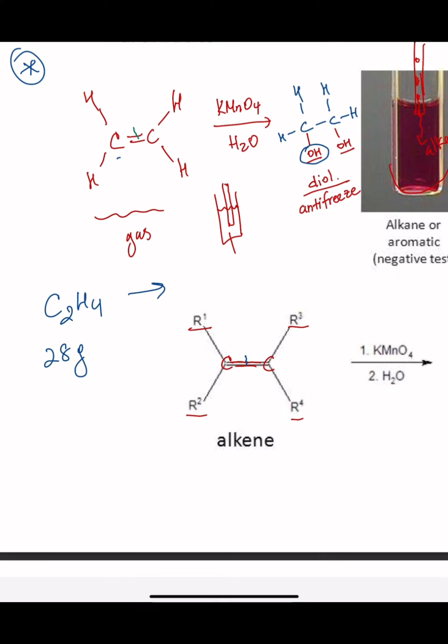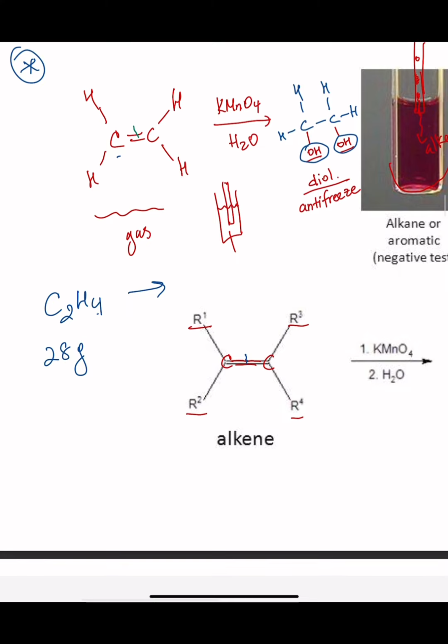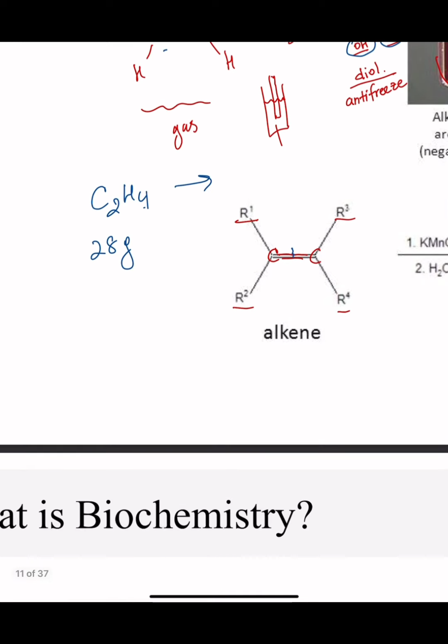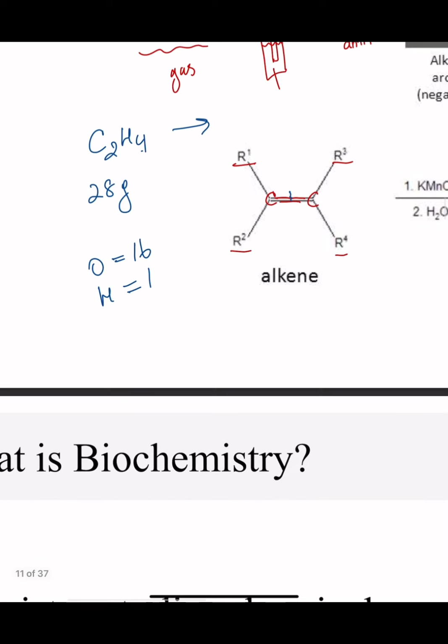So you need to remember that on top of C2H4, you added two OHs, right? Oxygen is 16, and then hydrogen is 1, right? So you add two OHs, meaning 28 plus 16 plus 1 times 2, right? So this will be 28 plus 34, which will be 62 grams.